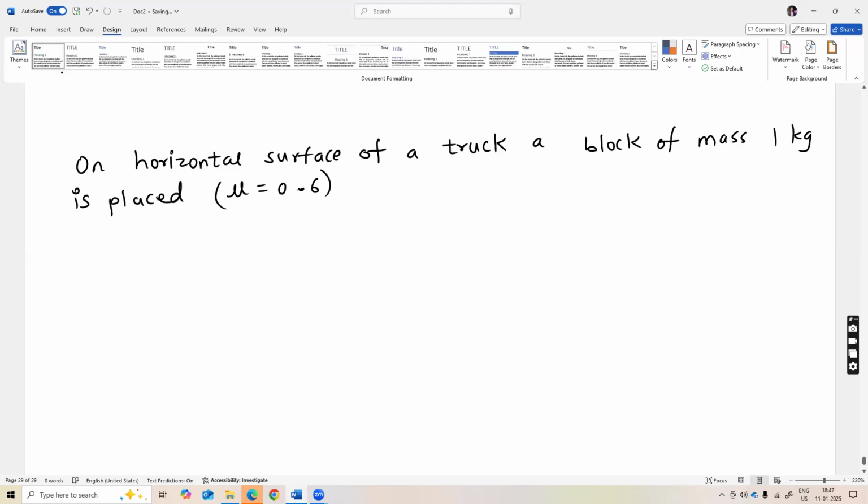The truck is moving with acceleration 5 meter per second square.